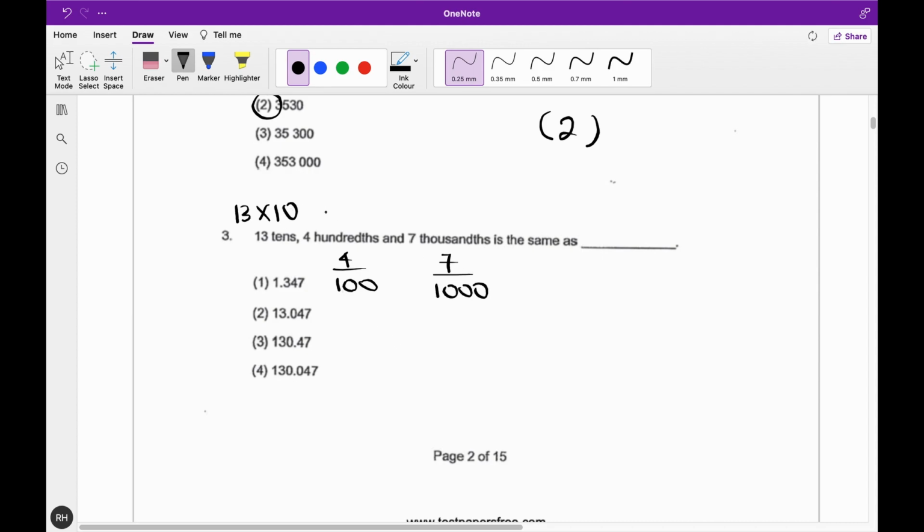So 13 times 10 is equal to 130. 4 divided by 100 is 0.04, and this is 0.007. And if we add all of the numbers up, we know it's 130.047. Answer is option 4.